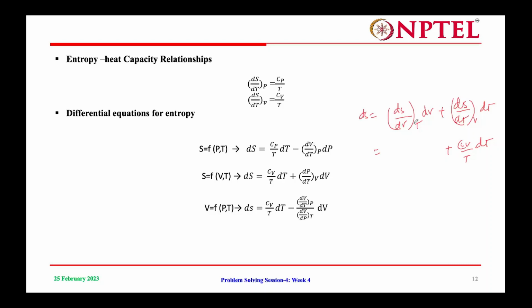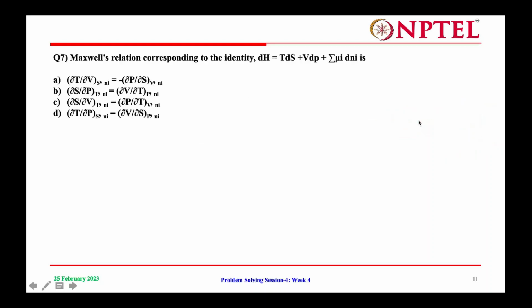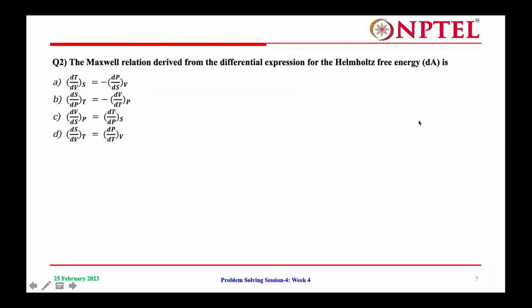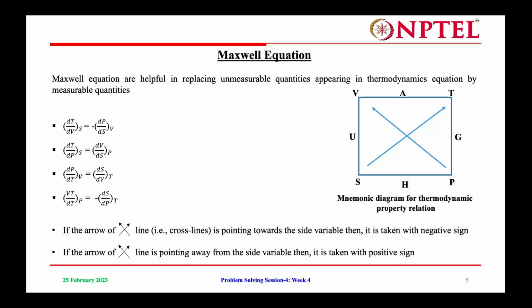Now (dS/dV) at constant temperature is equal to (dP/dT) at constant volume.